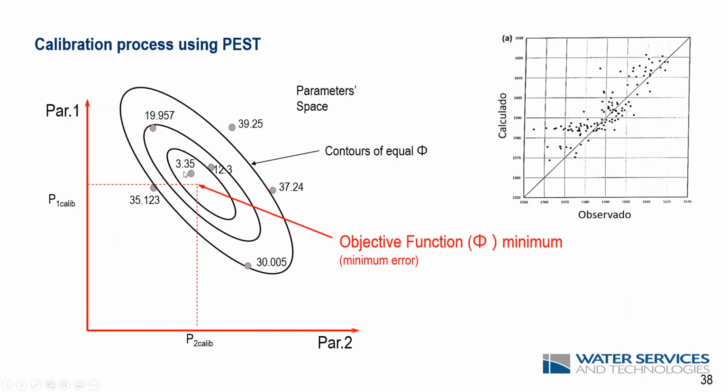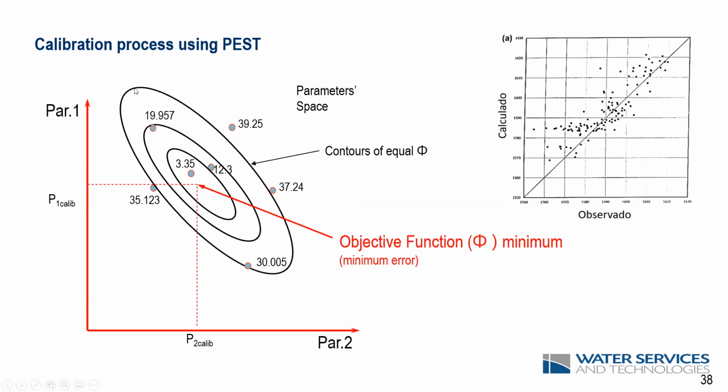So it will follow a combination of, for instance, 2 parameters here, which could be the K values for 2 different units. And we'll look then for the minimum value of this objective function, which is the error function. And what we see here are isolines, on this field of possible combinations of one parameter and the other parameter.